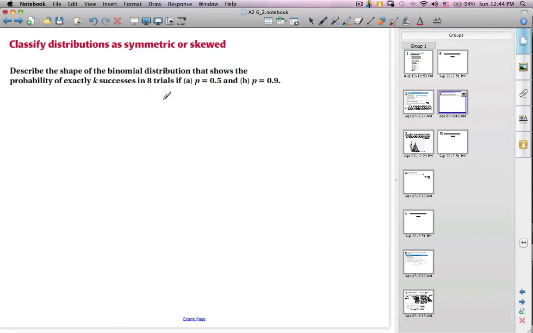So we want to do 2 different binomial distributions here for 8 trials when the probability of success is 0.5 and when the probability of success is 0.9.